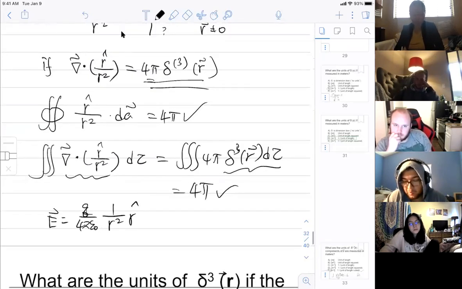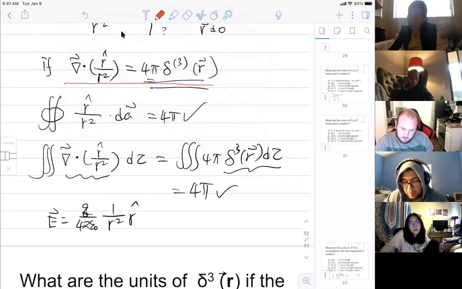So this expression right here, I want to make a note of this, that more generally, if we're doing the script R, this still follows.